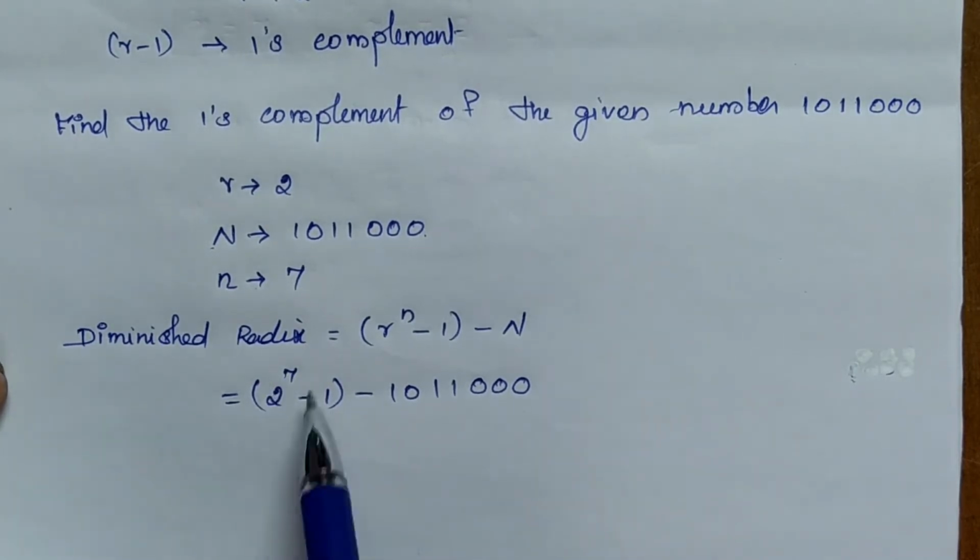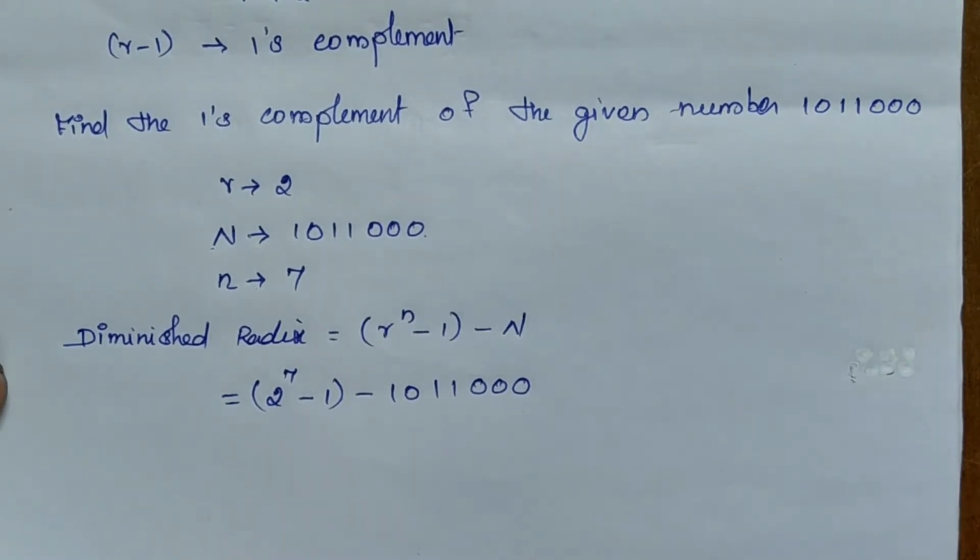So here the thing is we need to write the value in digital form. Therefore we need to convert 128 into its binary form. So that can be done by normal division method. But there is another one simple method.